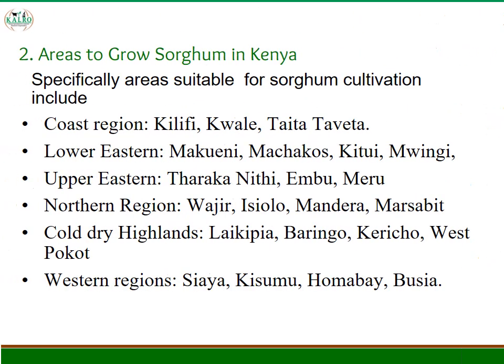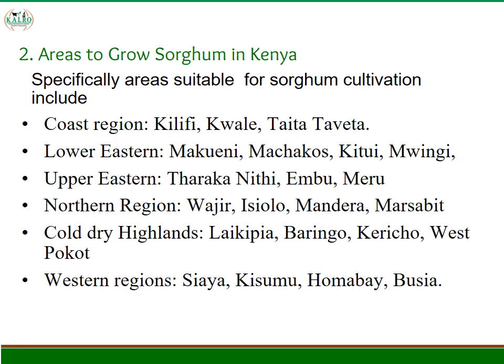That's the general classification of the growing regions for sorghum. But actually, the areas suitable for sorghum cultivation include the coast region. The coast region areas are Kilifi, Kwale, Taita Taveta. In addition to that, Lamu and Malindi, there are some varieties which can also grow in those areas. So they have not been left out.